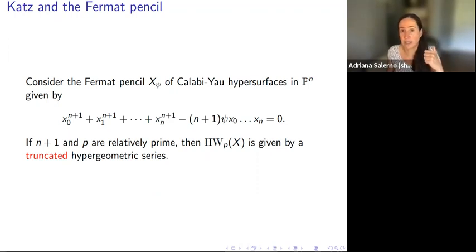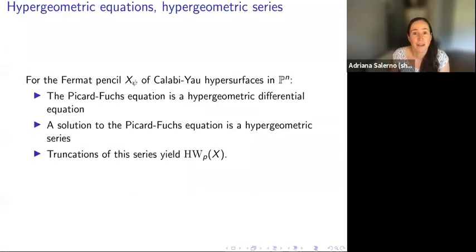And so now we're starting to see maybe where we're going. For the Fermat pencil of Calabi-Yau hypersurfaces, the Picard-Fuchs equation is a hypergeometric differential equation. A solution to the Picard-Fuchs equation is a hypergeometric series, and the truncations of this series give us our Hasse-Witt constant or Hasse-Witt matrix.